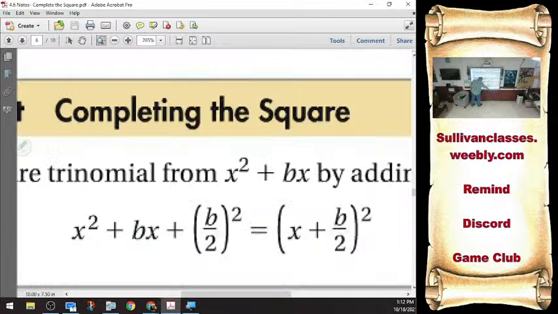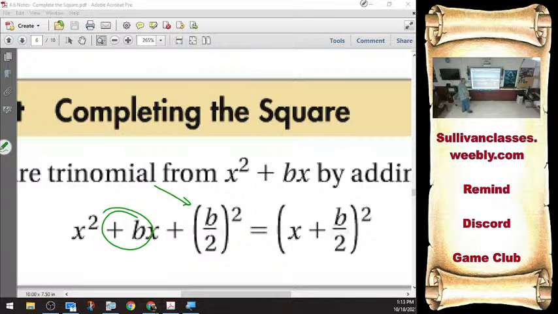Down here, I want you to write what this is going to be. This magic number right here, b over 2 squared, is always based on this. Whatever b is, take half of it, square it. That's the magic number that makes it work. Always.